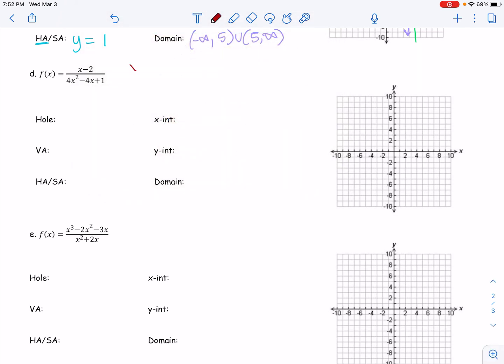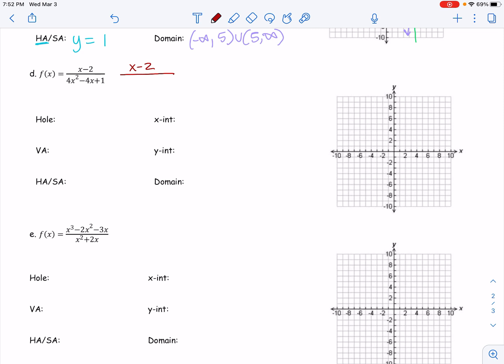Lucky for us, we don't have to factor the top. When we factor the bottom, that is actually another perfect square trinomial. 4x squared is a perfect square, 1 is a perfect square, and the middle term is 2 times the root of the first and the root of the last. But you could also just ask yourself, what are factors of 4 that add up to -4?